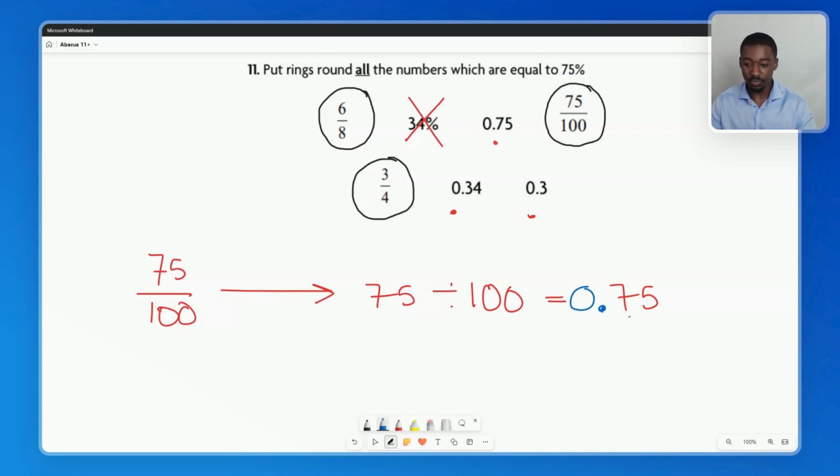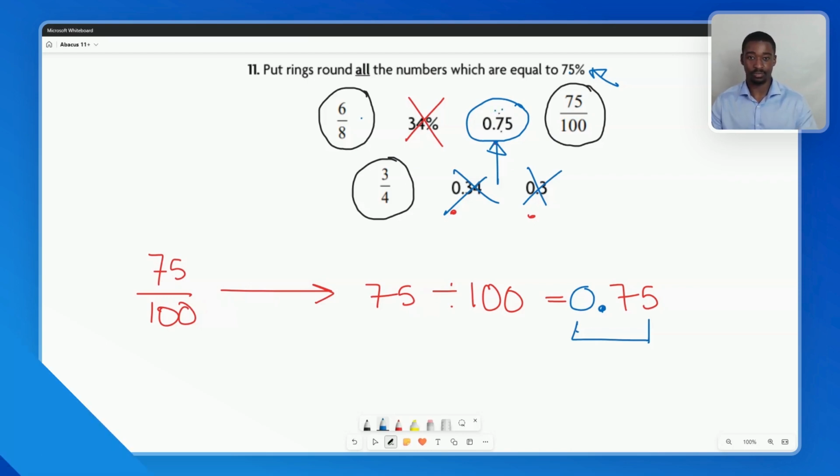So now this is the decimal form of this percentage, 75%. And we can see this is right here. So now we know it's not this, but this is the correct decimal that represents 75%. So here are our answers: 75/100, 3/4, 6/8, and 0.75.